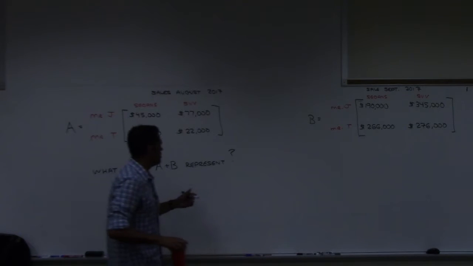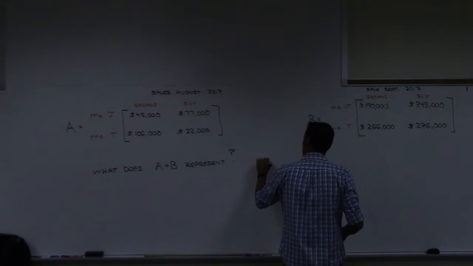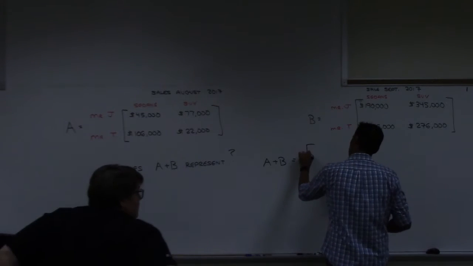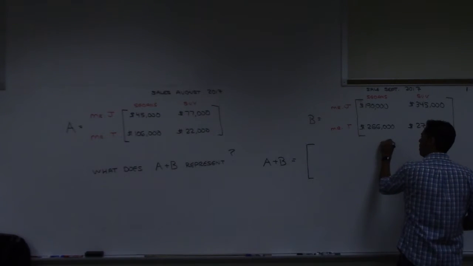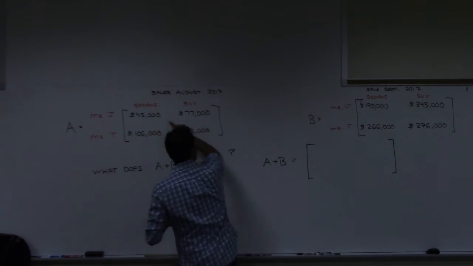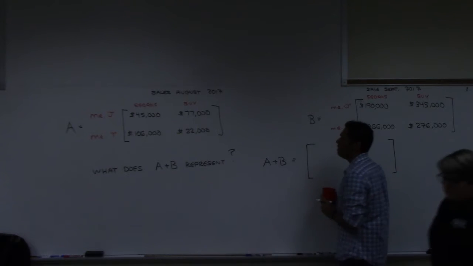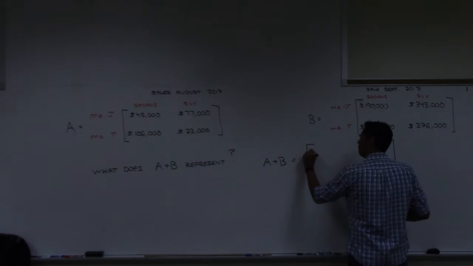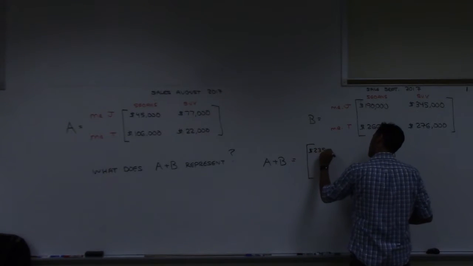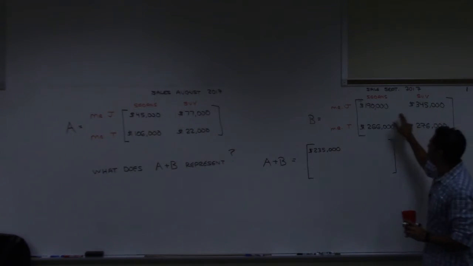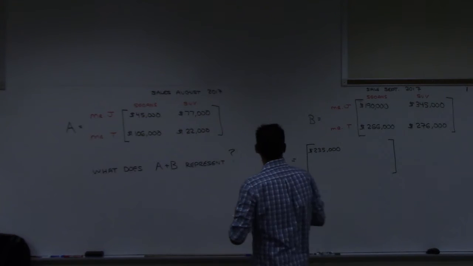So let's go ahead and add these. Let's do A plus B. What is A plus B? A plus B would be a 2 by 2 matrix. And we would be taking just the first one here and the first one here, right? So 190,000 plus 45,000 is what? 235,000. And then let's do the top right corner. So 345 and 77.